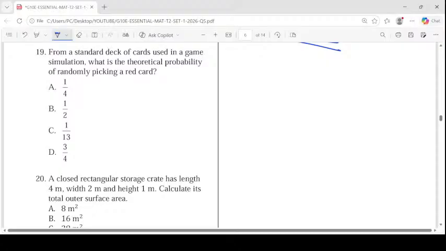So one thing you need to understand is the standard deck. From a standard deck of cards, what is meant by a standard deck of cards?